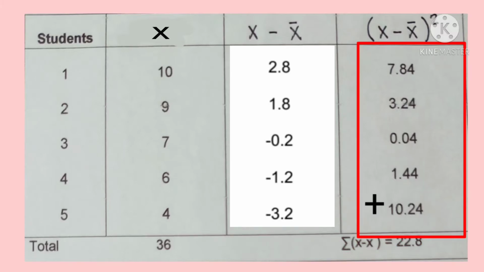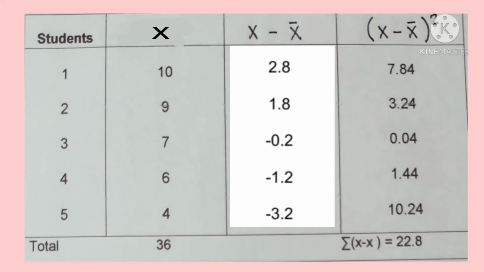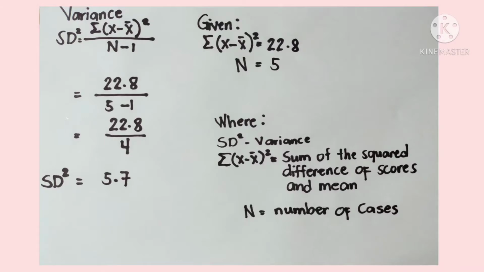So the summation of square difference of scores and mean, or the sum of x minus x bar squared, is 22.8. Now that we already have our summation of x minus x bar squared, which is 22.8, and our number of cases n, which is 5.